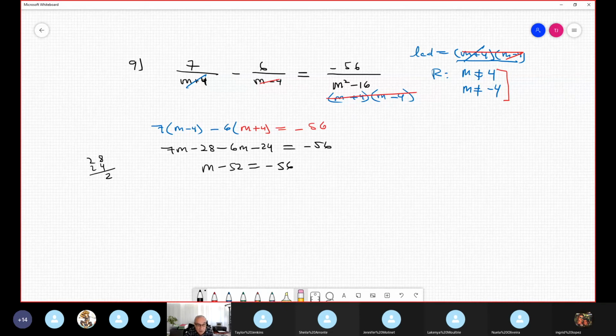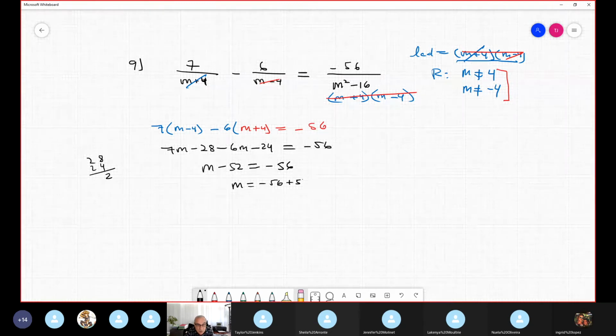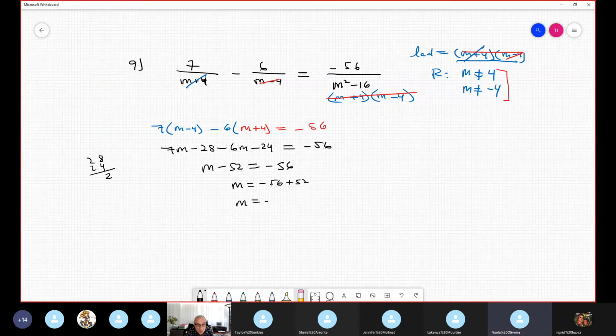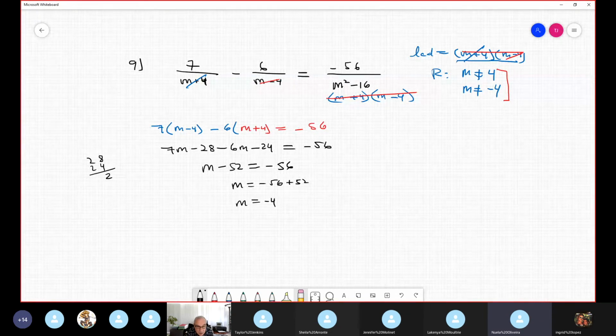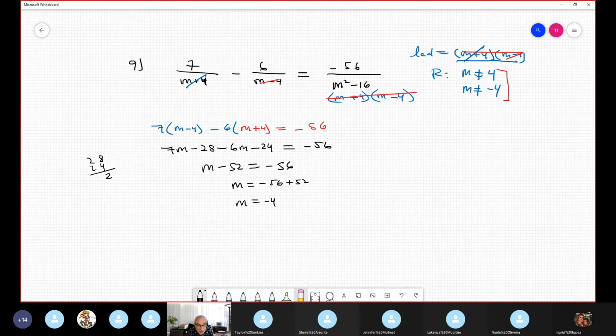Therefore the solution is 56 minus 52. Let me check the signs: 24 has no m. I multiply this and this, and negative 6 times 4 is negative 24.